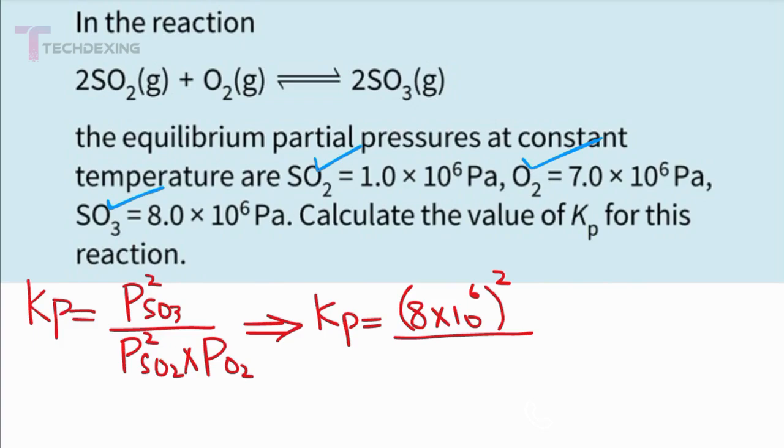Then you have to divide it with 1 into 10 to the power 6 Pascal for SO2, squared, and multiplied by 7 into 10 to the power 6 for O2. Do the calculations and let me know the answer.